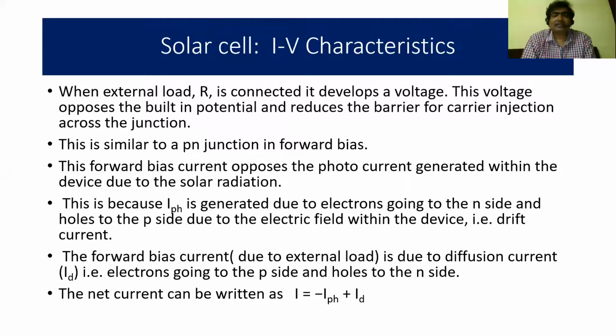This is because the photocurrent is generated due to electrons going to the N side and holes to the P side due to the electric field within the device. This is also called a drift current. The forward bias current is due to the diffusion current, that is electrons going to the P side and holes going to the N side. The net current can be written as I equals minus IPH plus ID.